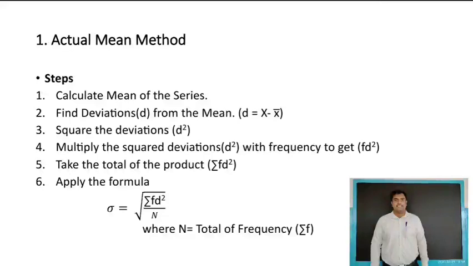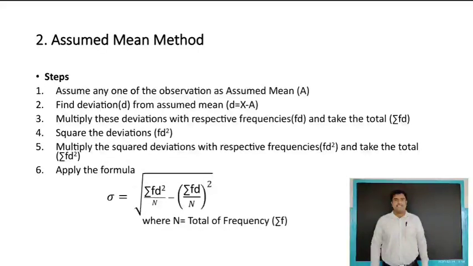Next, we multiply d square with frequency, that is we get f d square. Then take the summation, that is we get sigma f d square. Finally, we apply the formula: standard deviation is equal to whole root of sigma f d square by n. Here you have to be careful: n is the total of frequency.